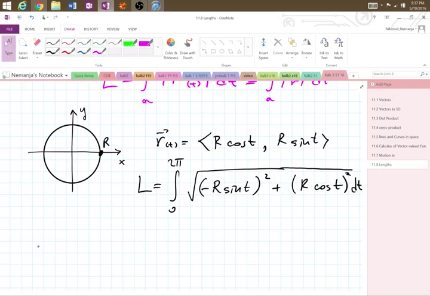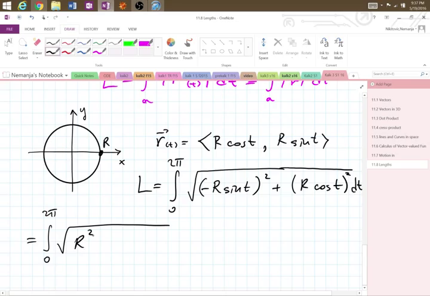So now that is equal to the integral from 0 to 2 pi, and a negative squared is positive, so we have R squared. If you factor that, you have sine squared t plus cosine squared t, which is 1.